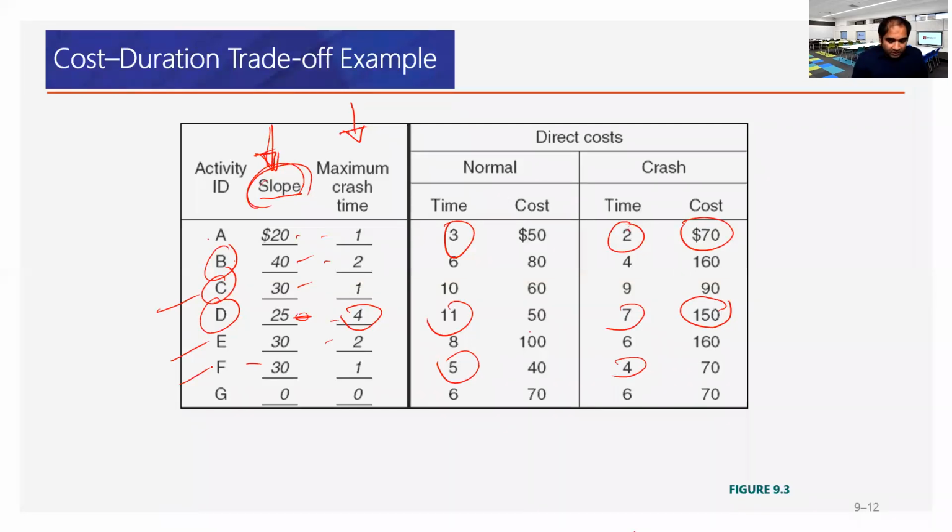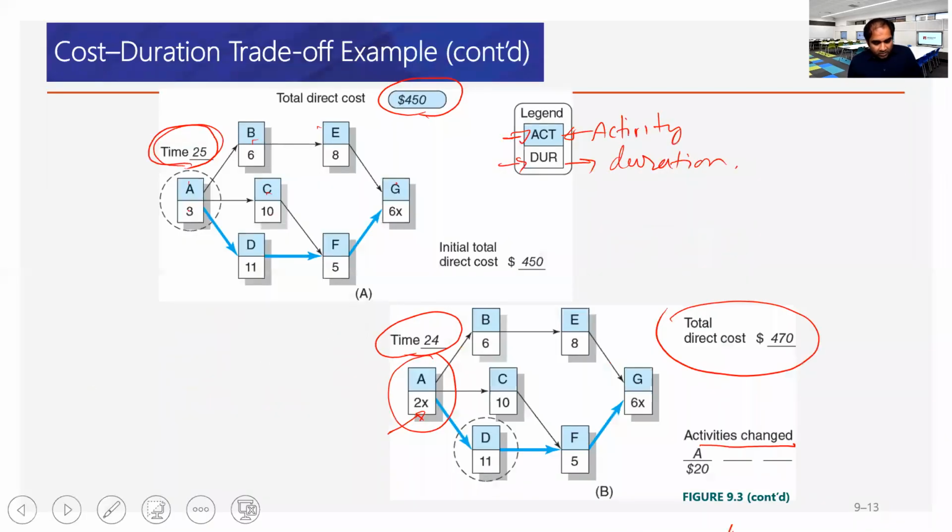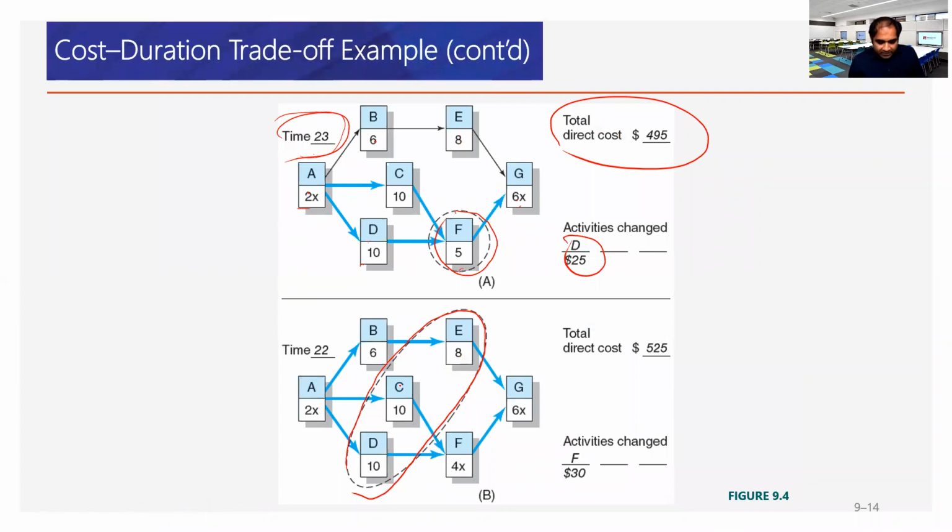So we have C, E, and F. Which one do we go for? If we reduce C, there are 3 chains. This one is 22, 23, and then 23. So if we reduce C, D is still 23 days. So it's not helping us in reducing the overall project duration.